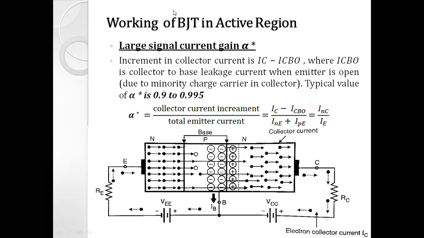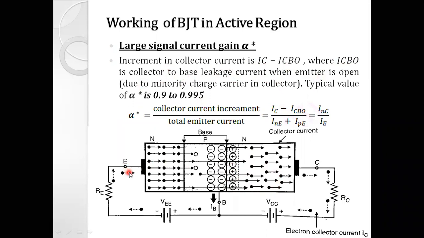So keeping that information in mind, let us define the large signal current gain alpha. It is the ratio between the increment in the collector current, which is IC minus ICBO, where ICBO is the collector to base leakage current when the emitter is open. What is IC minus ICBO? It is the current flowing between the collector and the base terminal when the emitter is open.